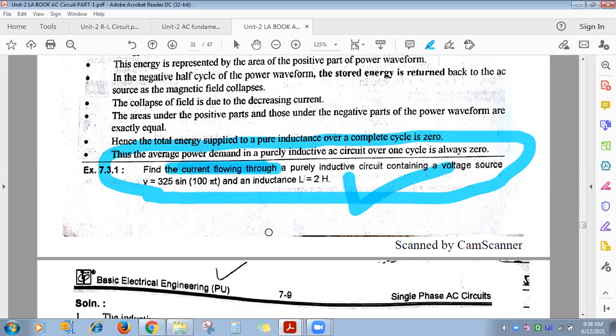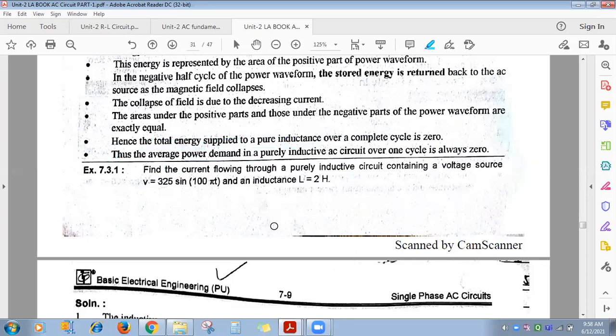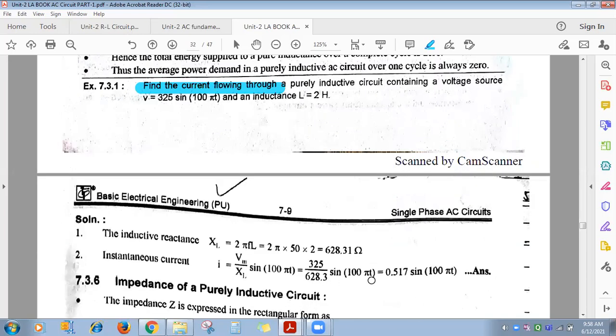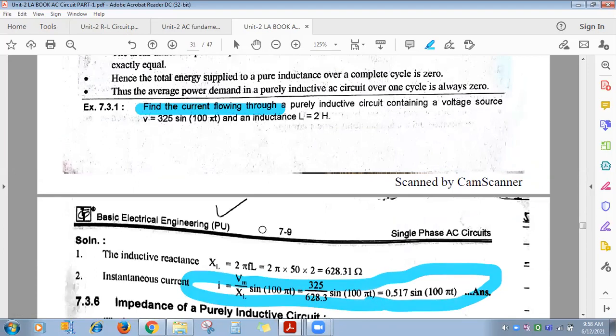Is this clear to everyone? Observing the options given to you, you can also identify these things. Here they have mentioned find the current flowing through, but the options give the instantaneous current equation. It's not so. Whenever in a numerical you are asked to calculate the value of current, you have to find the RMS value of current.